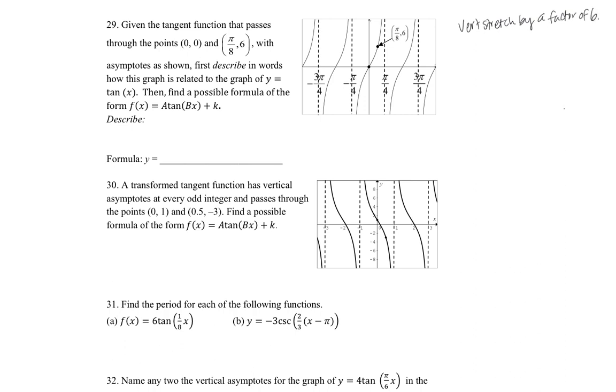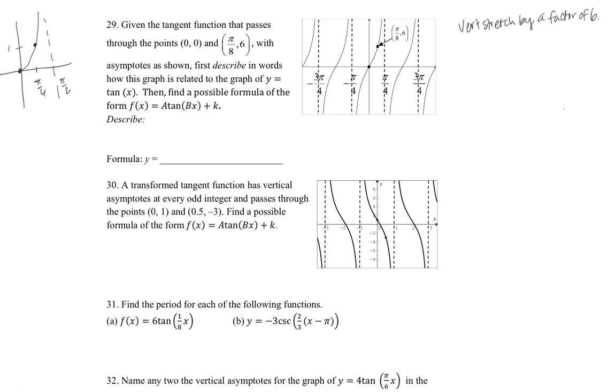And then there's a horizontal compression by a factor of, well, see, usually the tangent function has an asymptote at pi over 2, and it goes through the point (pi over 4, 1). So it goes through those points like that, right? And so it's smushed in by an additional 1/2.